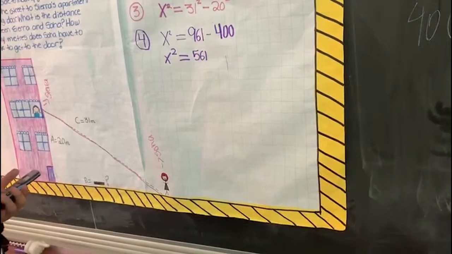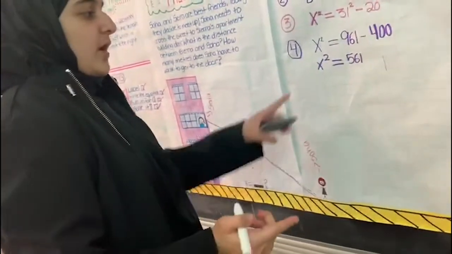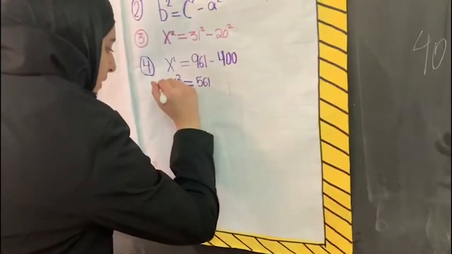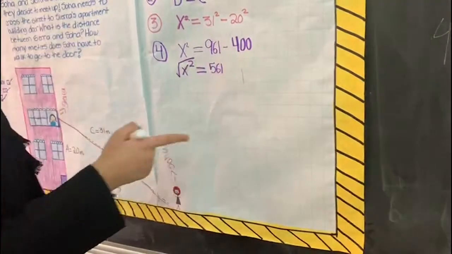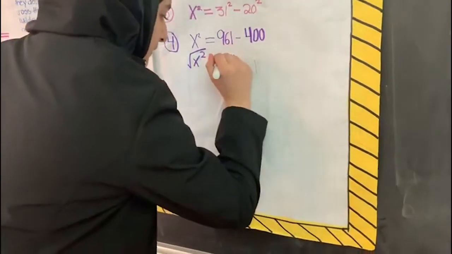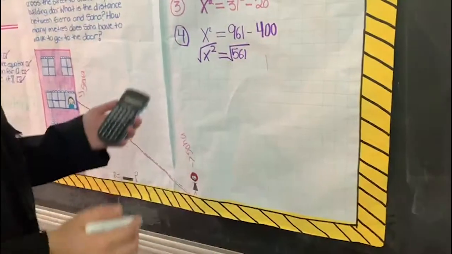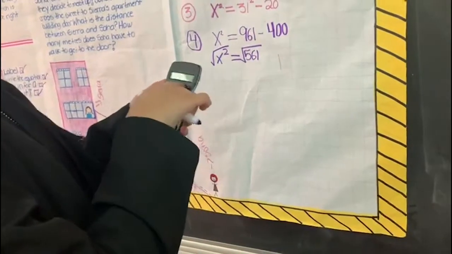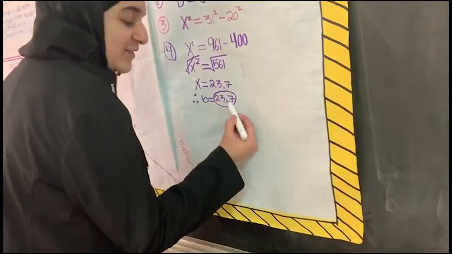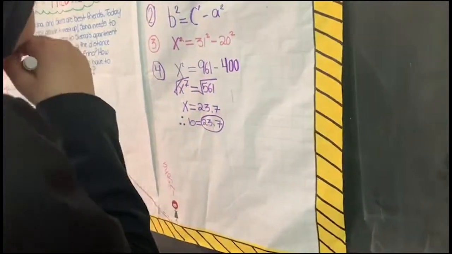Okay, now that we have 561, we need to find the square root of X and 561. Because whatever we do to one side in math, we also do to the other side. And now, we're going to put in the square root. The answer is 23.7. Yay!